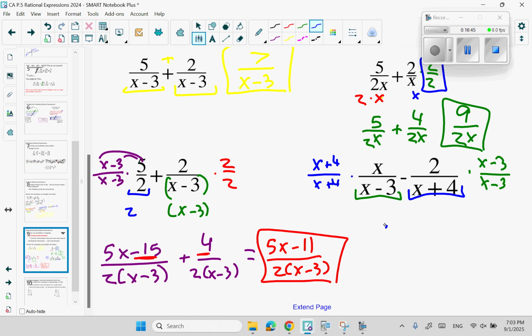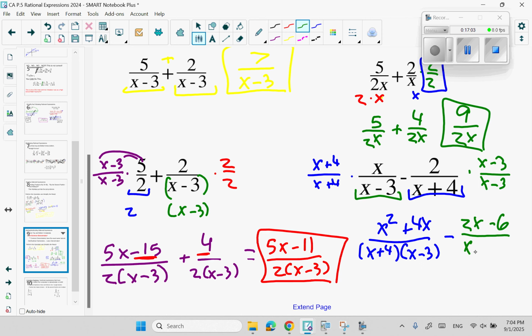Distributing the x, we're going to get x squared plus 4x over x plus 4, x minus 3, minus 2 times x, 2x, 2 times negative 3, negative 6, over x plus 4, x minus 3. I'm subtracting this fraction, so I'm going to treat that as distributing the negative, and then from there I can combine like terms.